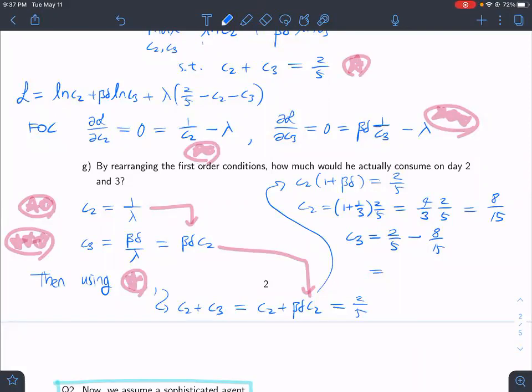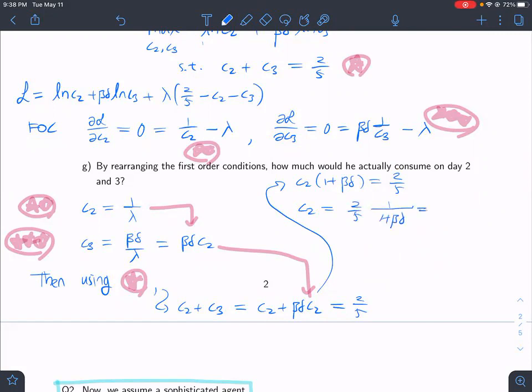I was stupid here. Sorry, guys. I made a big mistake here. So C2 is 2 over 5 divided by 1 plus beta delta. And I was multiplying by this. Oh, I'm really sorry.